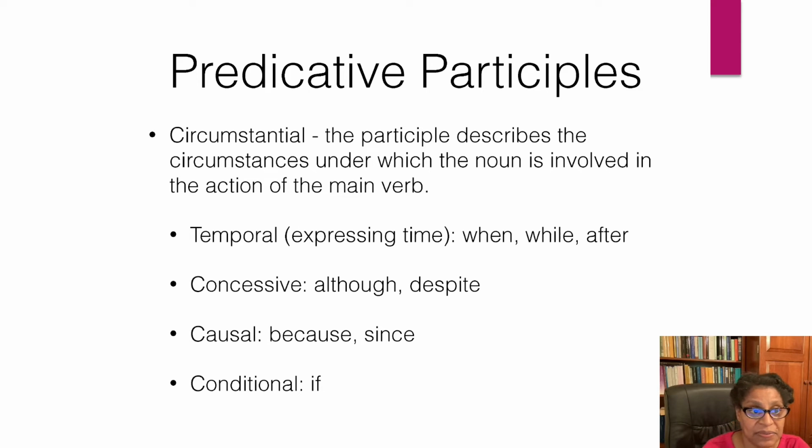So the predicate participle can be temporal, so you can translate it as when, while, after. It can be concessive, and usually it's marked with kaiper or hos: although or despite. It can be causal, because or since, and it can be conditional, if. And again, context will dictate which of these options it is. We'll see some examples later.